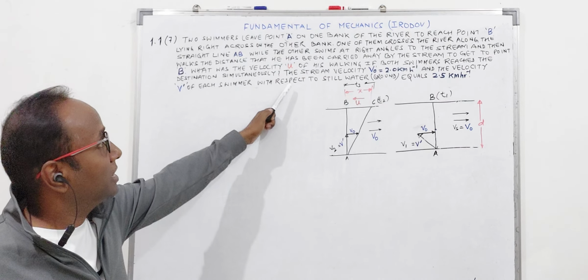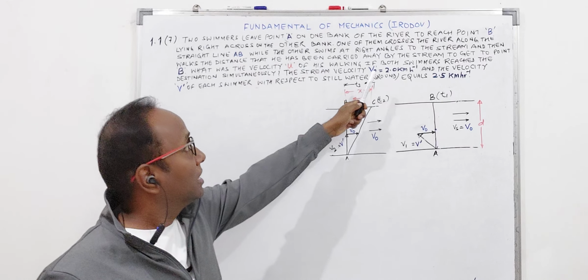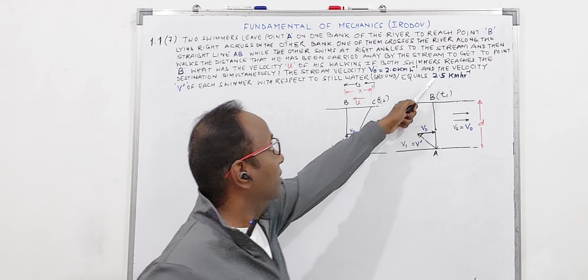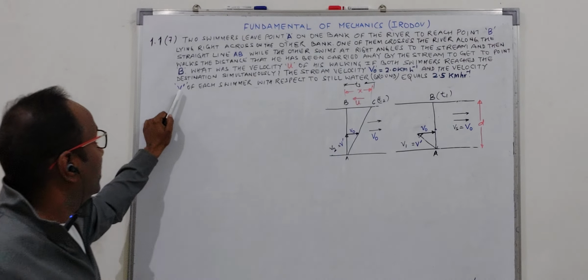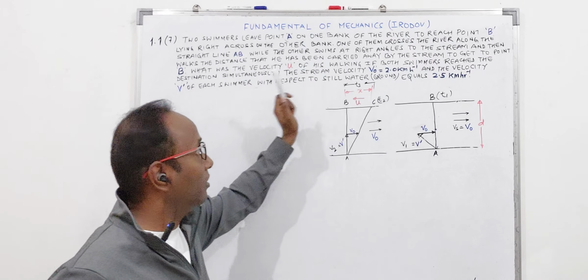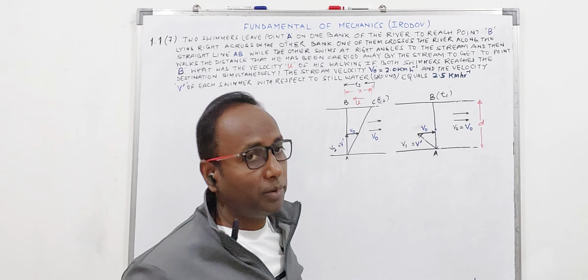The stream velocity is given as v naught, 2 km per hour, and the velocity v dash of each swimmer with respect to still water, that is ground, equals 2.5 km per hour.